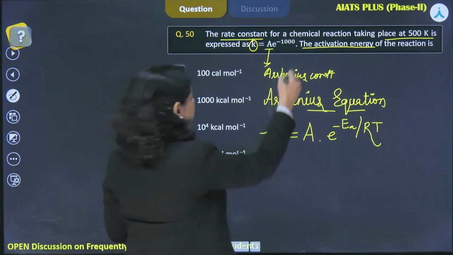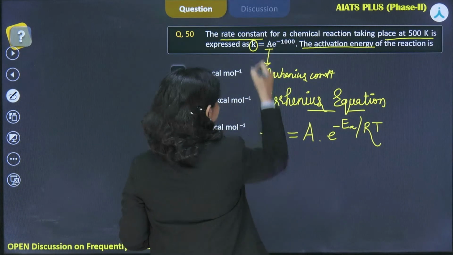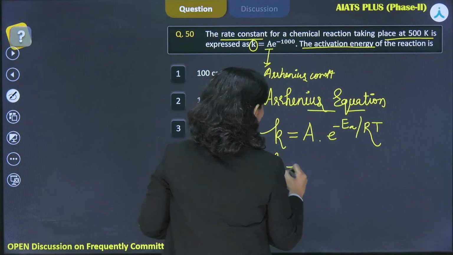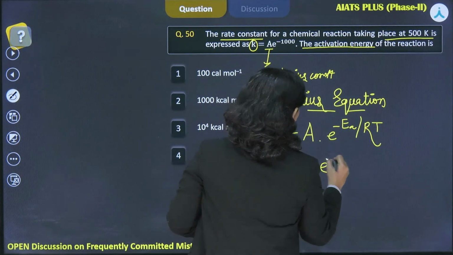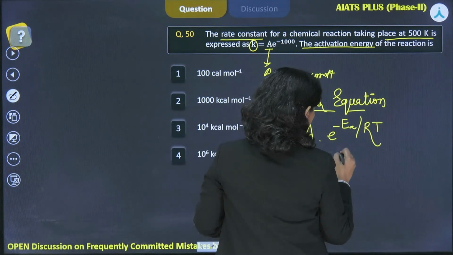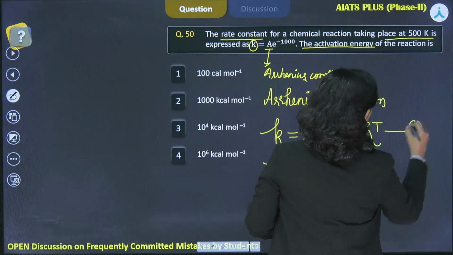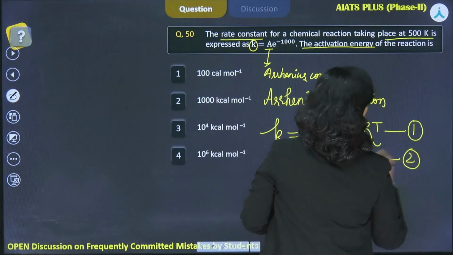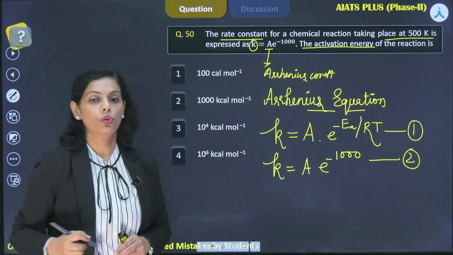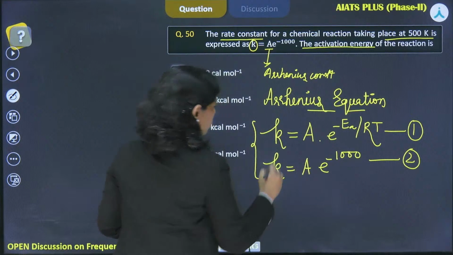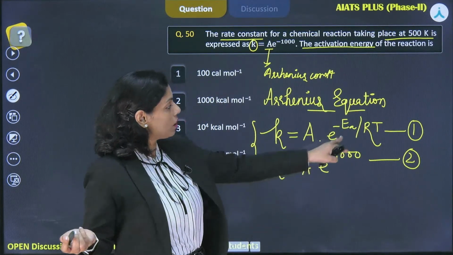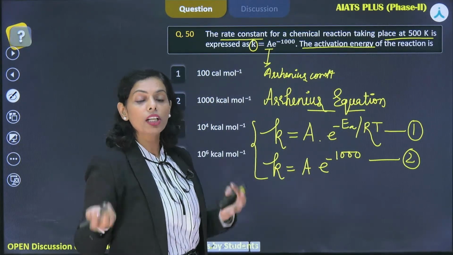And if you look at the expression given in the question, K is equal to A e to the power minus 1000. So this was equation 1 that I'm considering, the Arrhenius equation, and the given equation is equation 2. If you compare these two, isn't it easy to find the activation energy? Because what we need to do?